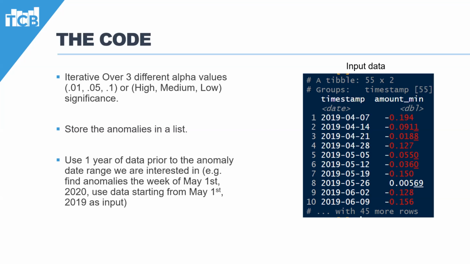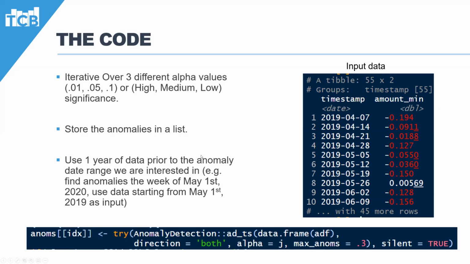And we also use 1 year of data prior, because this technique does rely on having enough data to identify seasonality. So we just chose 1 year prior to the date range they're interested in. So if a user is interested in finding anomalies the week of May 1st, 2020, we also provide the data starting from May 1st, 2019. And that is our input.